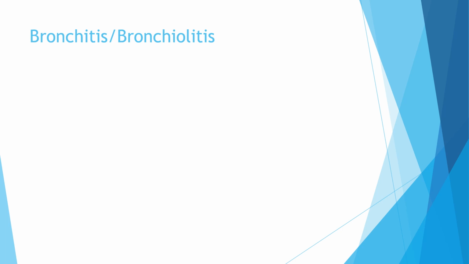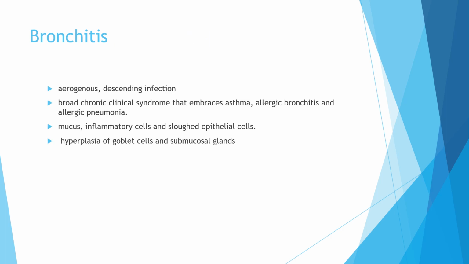So to start off, if you look at bronchitis and bronchiolitis, the difference between these is that bronchitis is basically inflammation of the bronchi. Bronchiolitis is inflammation of the bronchioles, right? And bronchitis can obviously then lead to bronchiolitis.